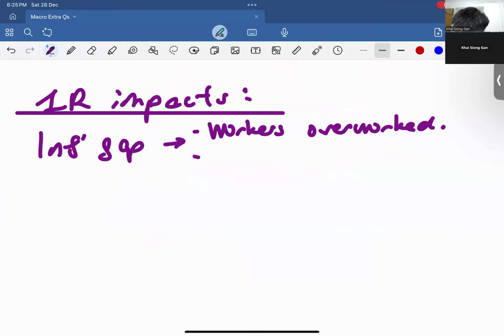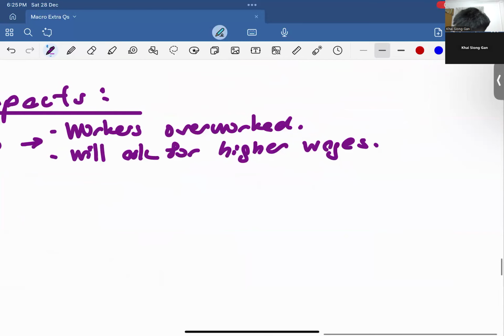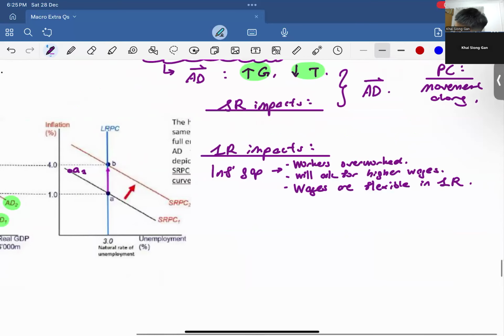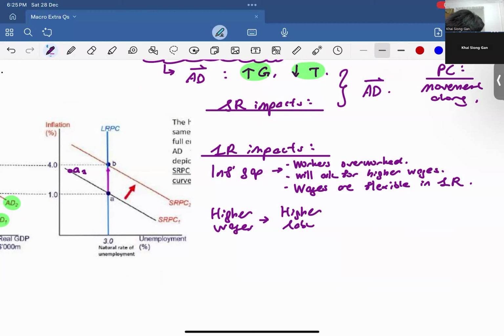Okay, workers overwork, so they'll ask for higher wages, and wages are flexible in long run, no longer sticky wages, right? So higher wages means higher labor costs. So higher labor costs will result in less production. So SAS curve shifts leftwards.